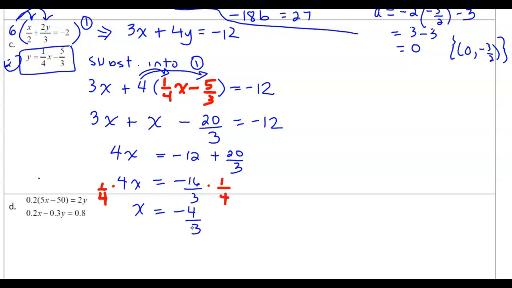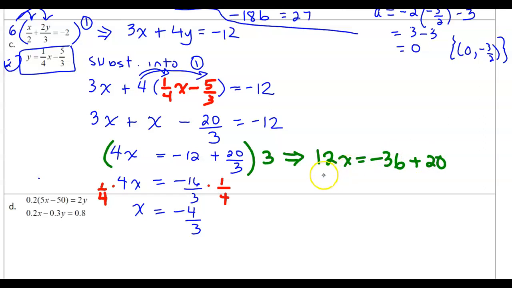Now, if you wanted to, don't write this down. I'm just going to show you because I'll erase it in a minute. If from this step you wanted to multiply by 3, because you don't like fractions, then if you multiply everything by 3, you'll get 12x equals negative 36 plus 20. So don't write this down unless you want to, because this is just another way.